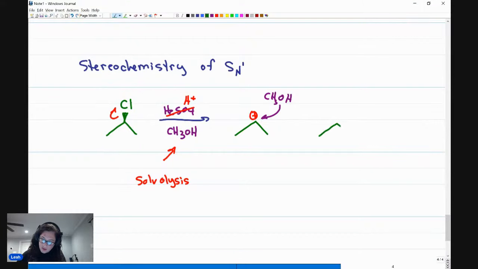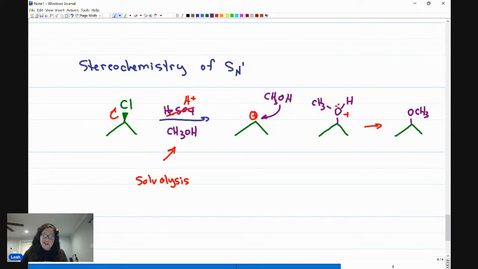We get questionable stereochemistry here, giving me an OCH3 with another H, one lone pair, positive charge, and in the last step, I deprotonate. What happens to the stereochemistry of this reaction, where my final product is an ether? Very, very important to keep in mind.